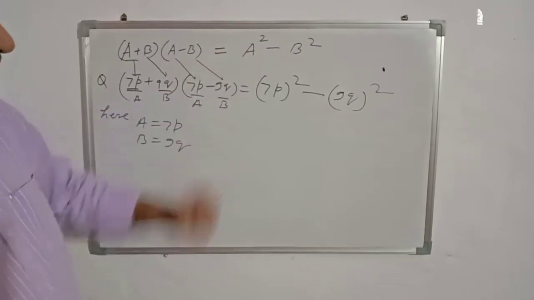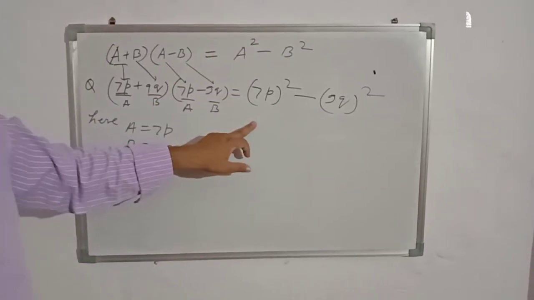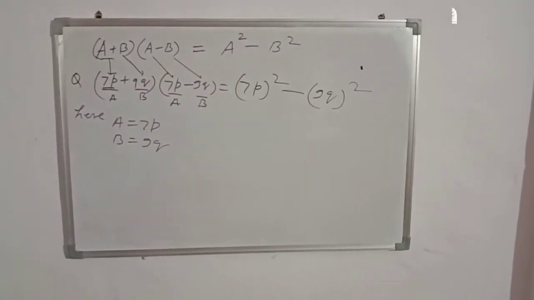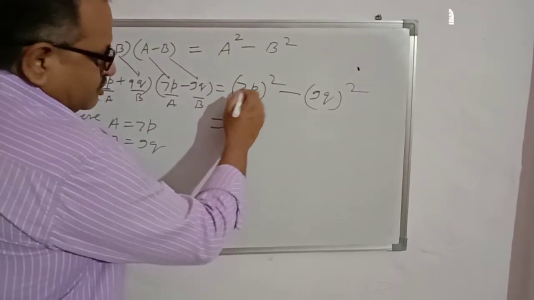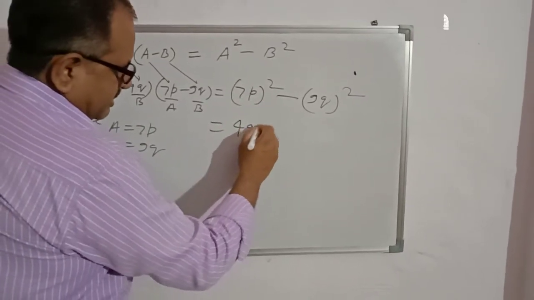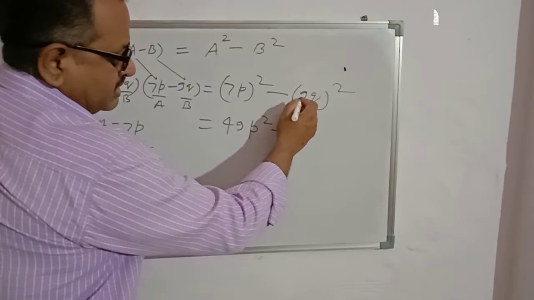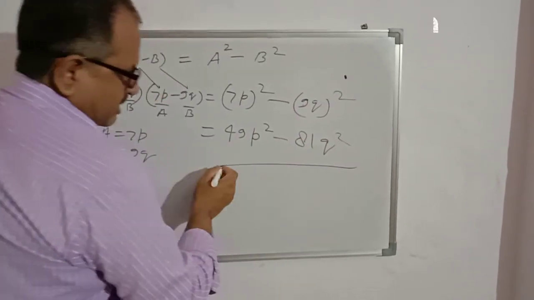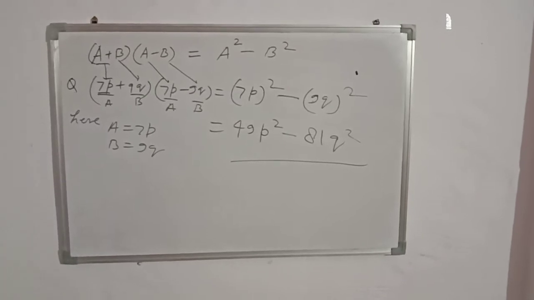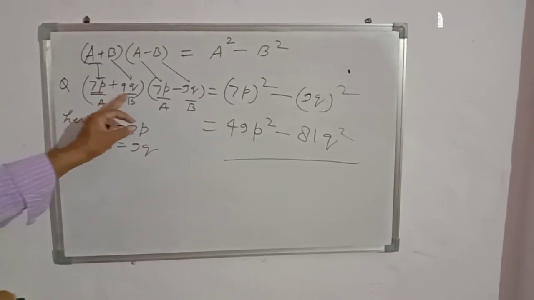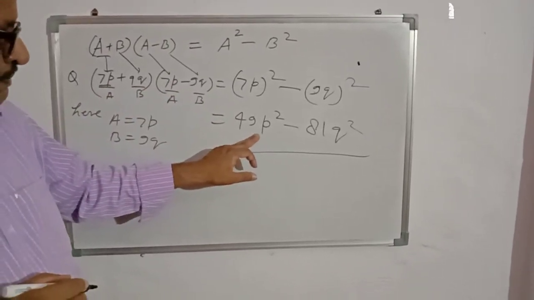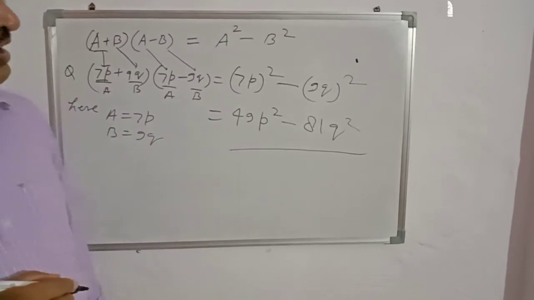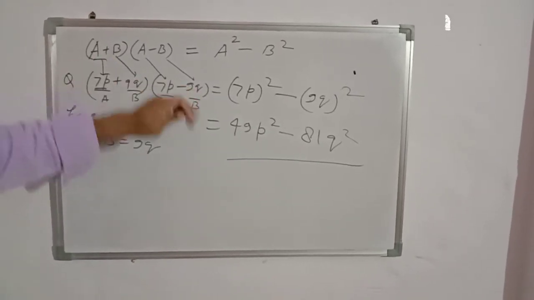So we will put on the right side a as 7p and b as 9q. 7 square is 49, p square, minus 9 square is 81, q square. This is the result. So the product of these two brackets is 49p square minus 81q square. We have used this identity.